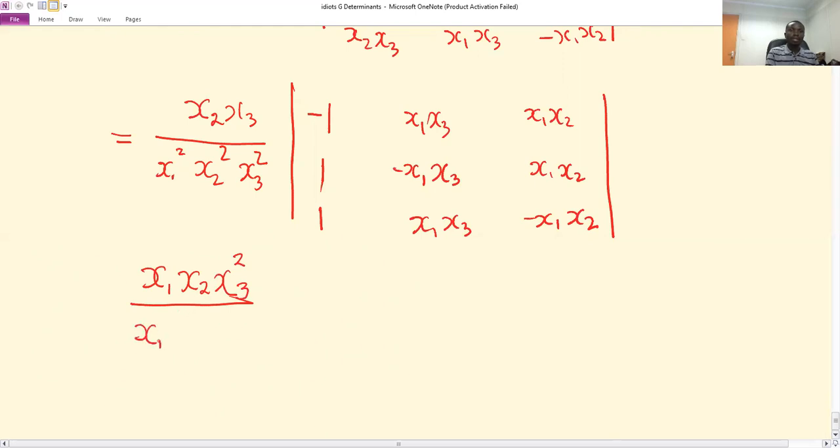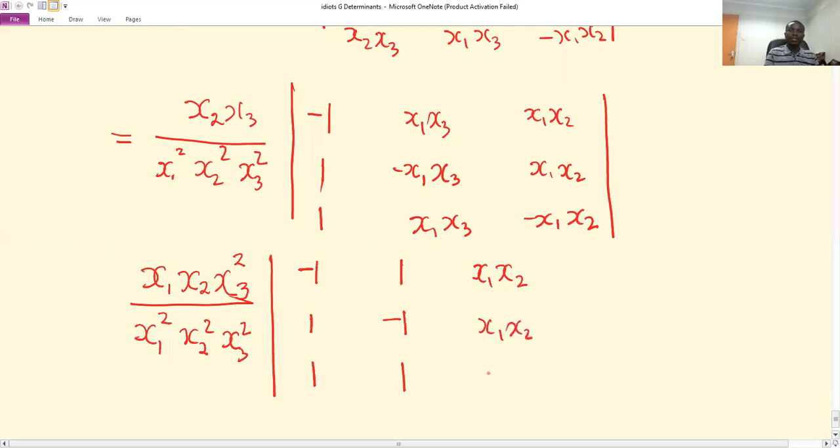And then the denominator is still x1 squared, x2 squared, x3 squared. Determinant of minus 1, 1, 1. So this will be 1, minus 1, 1. This is x1, x2, x1, x2, minus x1, x2.